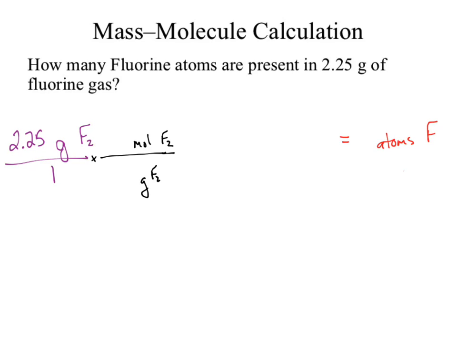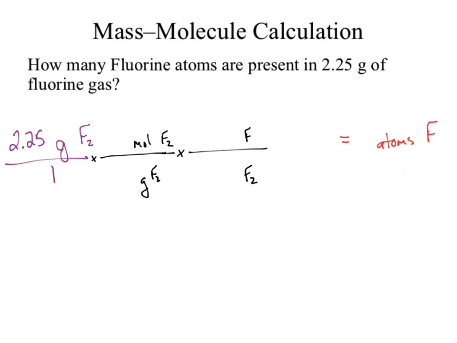I think I might have heard something mumbling about atoms. So what Molly is suggesting is that we want to go into moles of fluorine because to convert fluorine gas into fluorine, I could use the chemical formula.